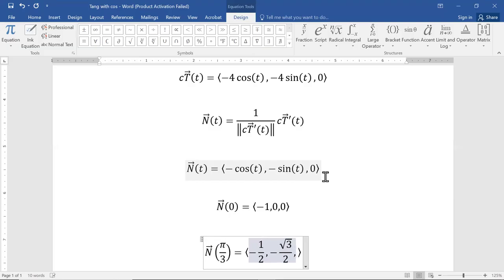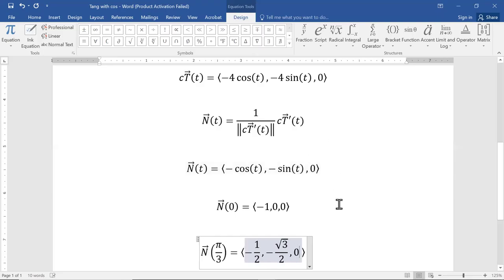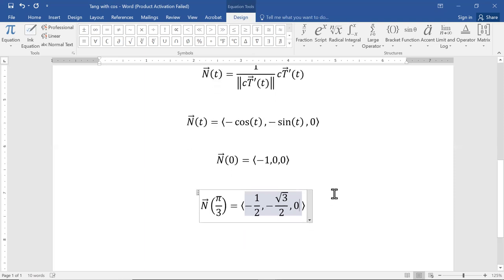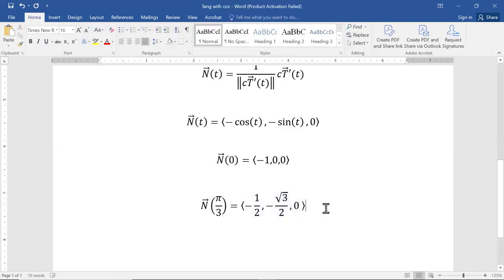And obviously there's nothing to plug in for the last component, so you get 0 as your z component. So plugging in 0 and plugging in pi over 3 gives you those two vectors.